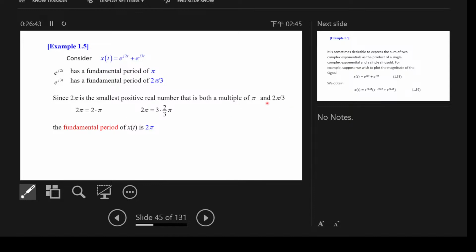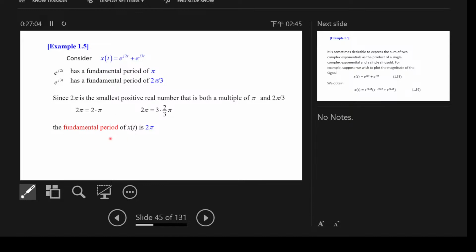And that number should be 2 pi. So that's twice this pi and 3 times this 2 pi divided by 3. And so we know the fundamental period of this x of t should be 2 pi. Okay. This is not a super rigorous derivation, but it's correct.